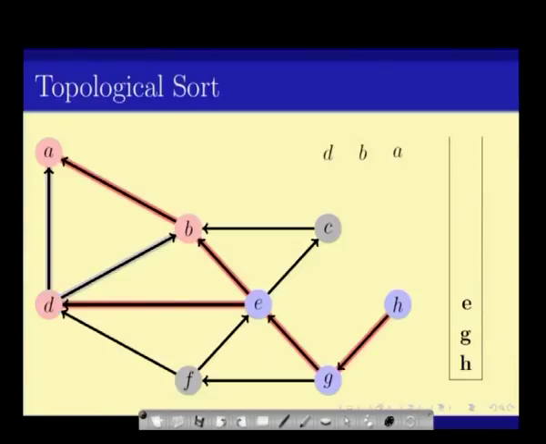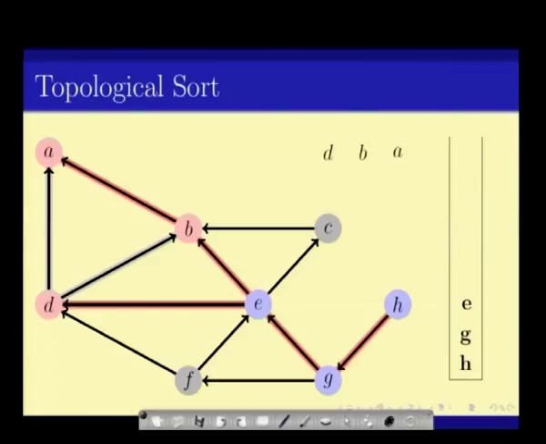Note what is happening here. When we are looking at D, all the other vertices have been done with. So, there can be edges from D to B and D to A, which is in fact there, but there cannot be an edge from B to D, because if there was an edge from B to D, then it would have been found out, and B would not have told that I am done.